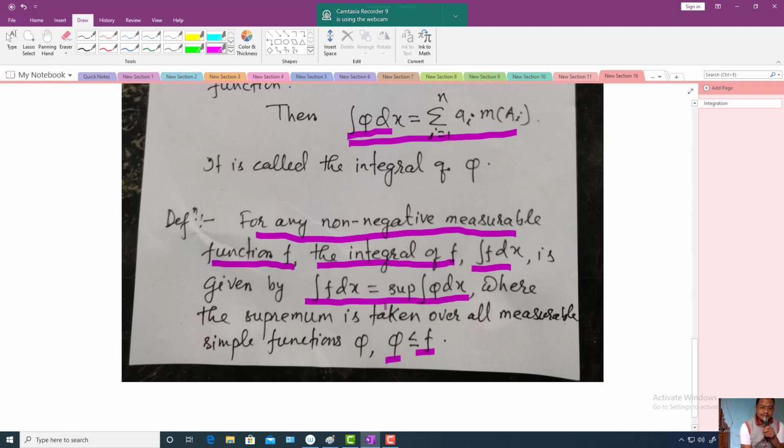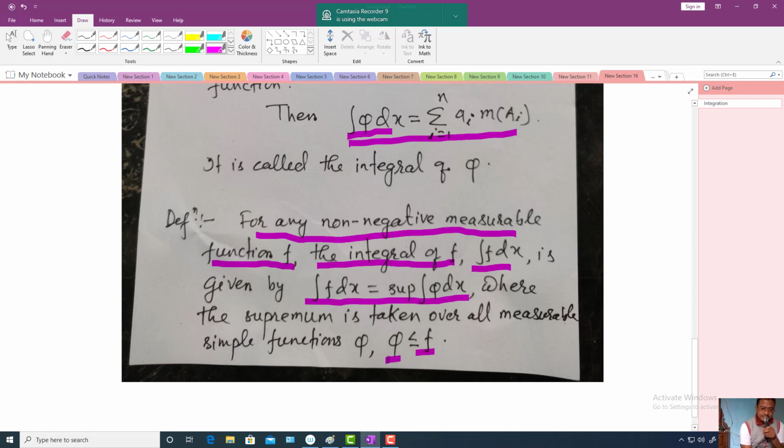So what do you do? You think about all simple measurable functions such that phi is less than or equal to f. Since you know how to find the integration of a simple measurable function, you find the integral of all those simple measurable functions.